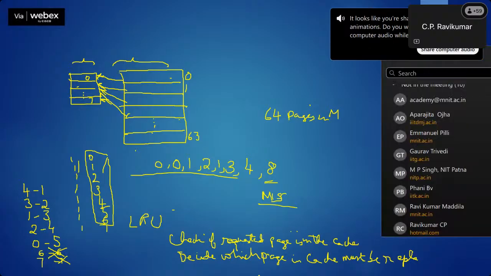If it is not there, we say it's a miss, and we have to go and load that page. When we load, we have to decide which one has to be replaced. And before we replace it, if it has been updated and we are using the write back policy, we have to write that page into the main memory. So many things like this will have to happen.